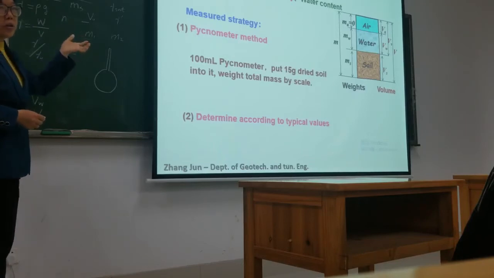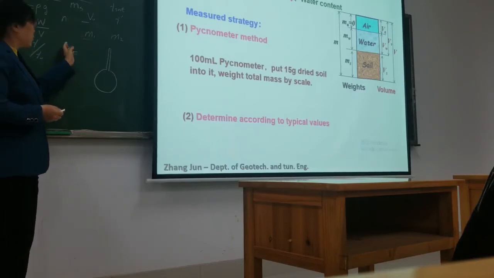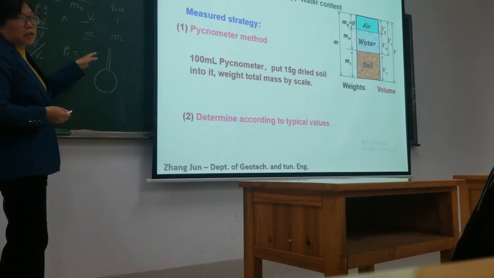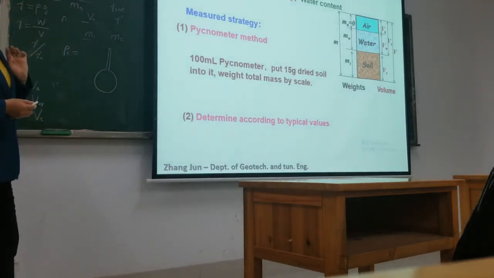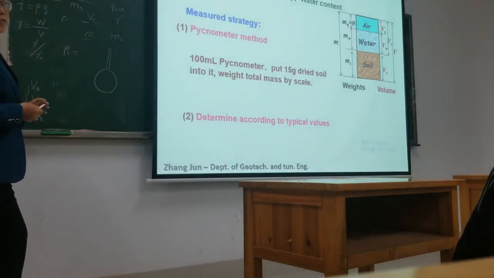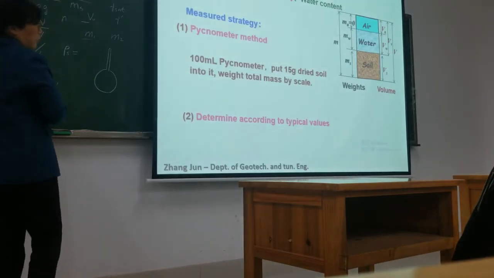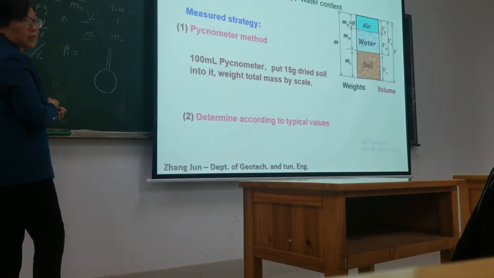How to calculate this? The mass of the sand and water in the bottle minus the whole mass of the bottle, over the volume.